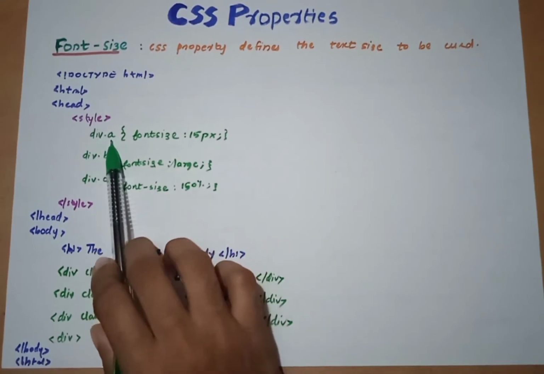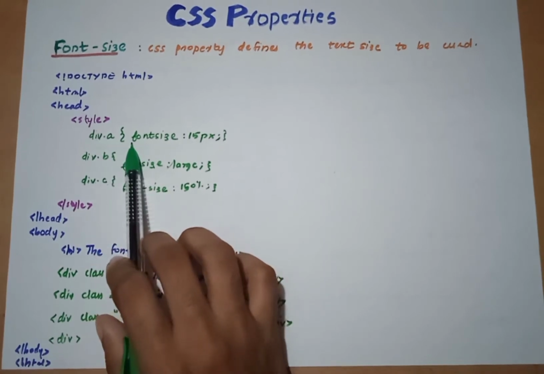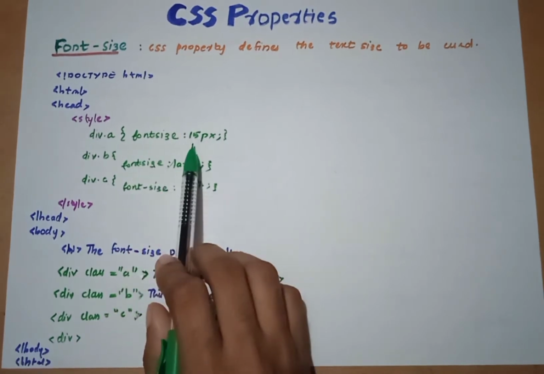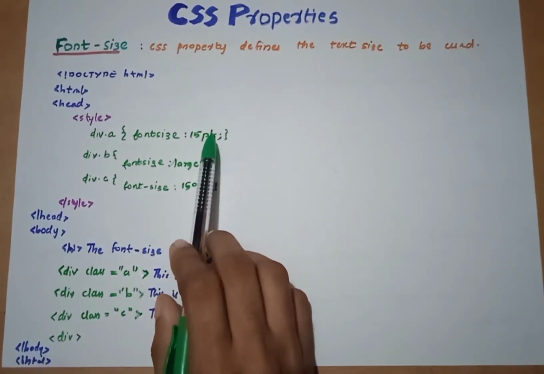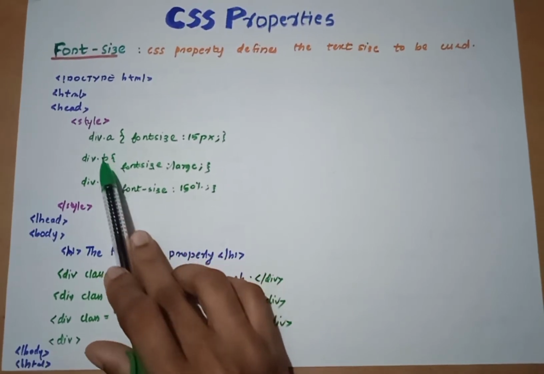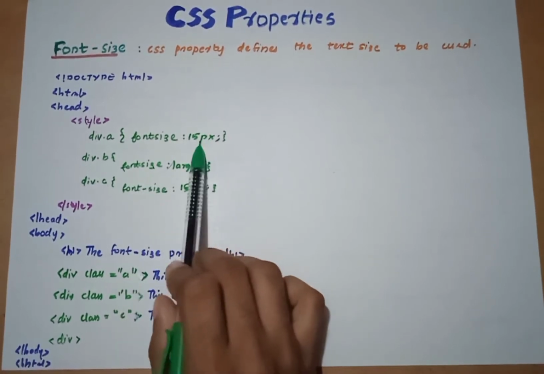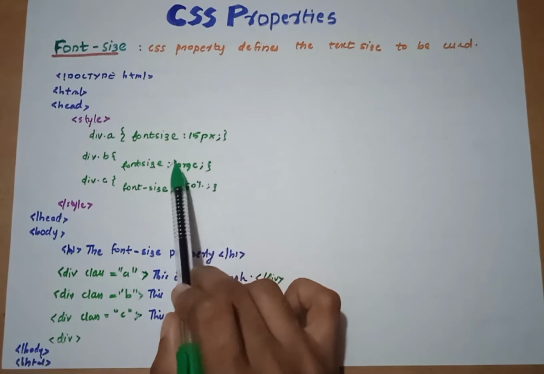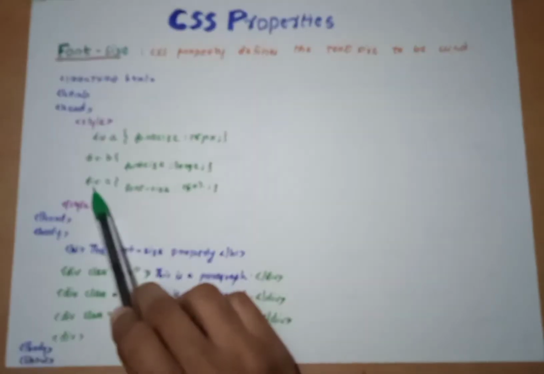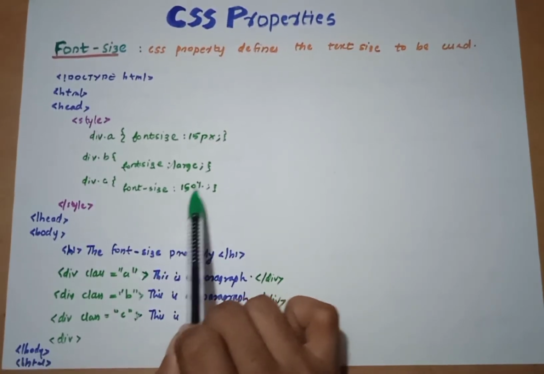My first class selector has the name A, and I have set font size, which is a CSS property, with some values in pixels. Just like that, I have another class with the name B, with the same font size property in another kind of value, not in pixels but large, small, etc. And C is another class with a font size of 150%.